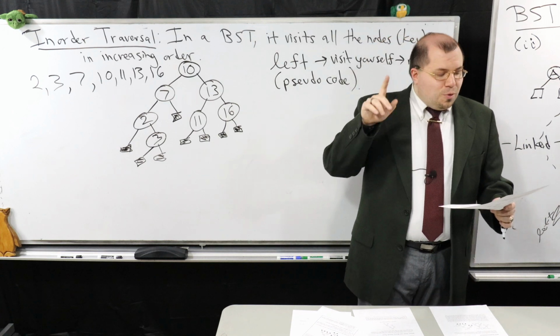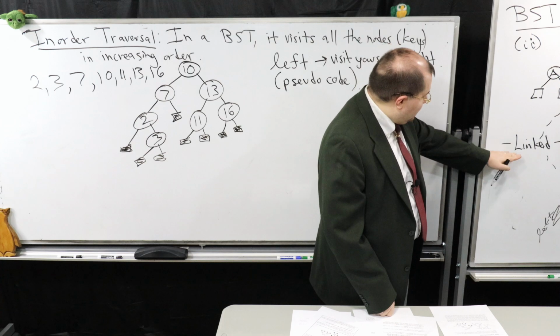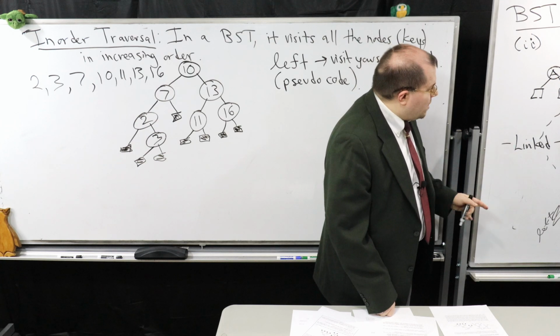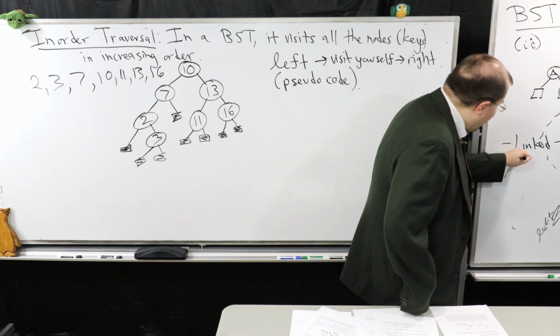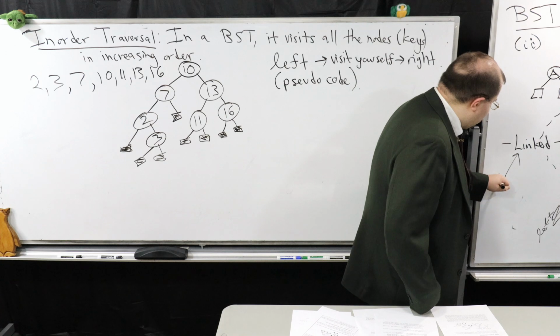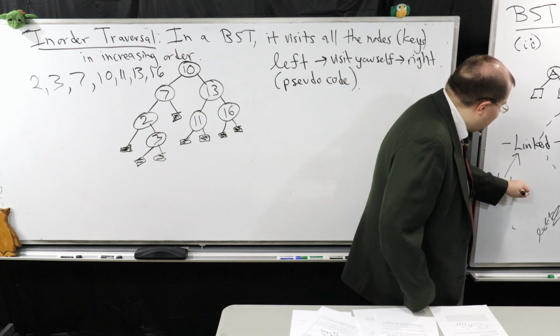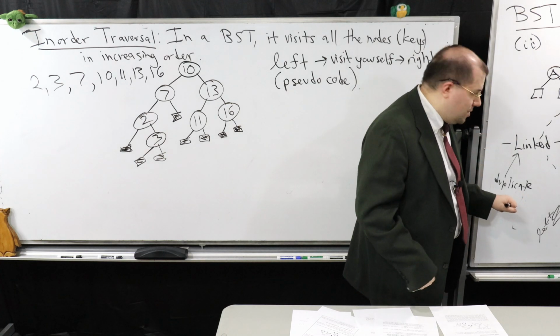One thing I will mention, and I put it in the notes in the description of the linked tree representation: if you want to learn more about how you implement it where it has duplicates in it, just take a look at my linked tree representation picture, and it's right below that in the notes.